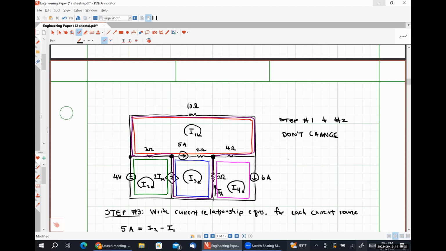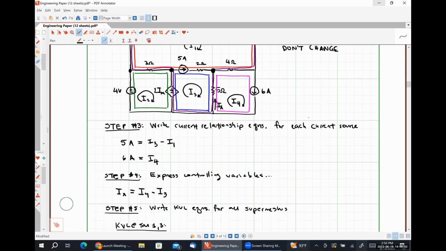Effectively, the reason that we don't need to include it is because the voltage drop across the 2 ohm resistor is effectively a known quantity. It has to be 10 volts because we know that there are 5 amps flowing through it. So it doesn't really provide us any new information about our unknown quantities. It only gives us known things. So it doesn't hurt us in any way, shape, or form to not include that 2 ohm resistor.